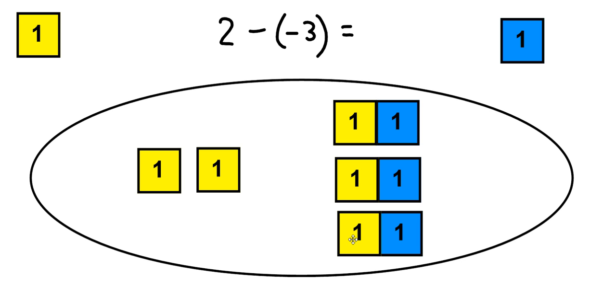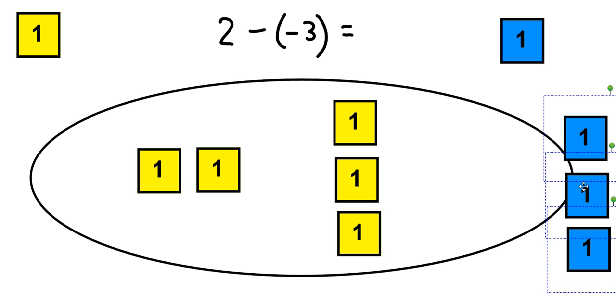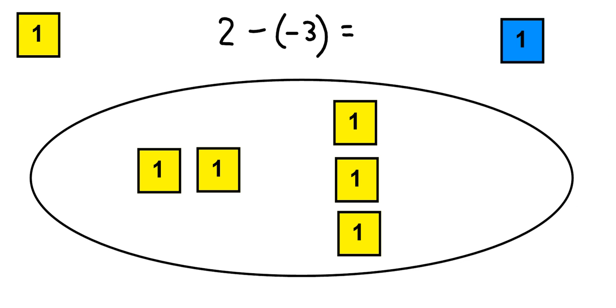And if we throw 3 zero pairs into the play area, then what we see here is still 2. Even though there's a lot of chips in the play area, it's still 2. Can we then remove 3 blue chips from the play area? You bet we can. And what's left inside the play area, 2 minus negative 3, is 5.